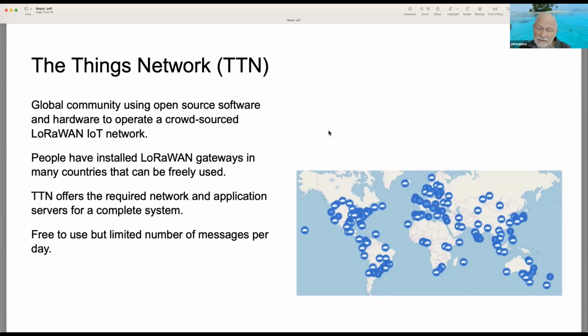And this is quite interesting because this has made it possible to use the LoRaWAN technology in many places of the world, and it's still a good way to try the technology. You only need to buy a device that costs less than $30. And then if you have a gateway nearby, you can start deploying the LoRa technology and deploying your own application for whatever purpose you have, and start getting involved with the technology.